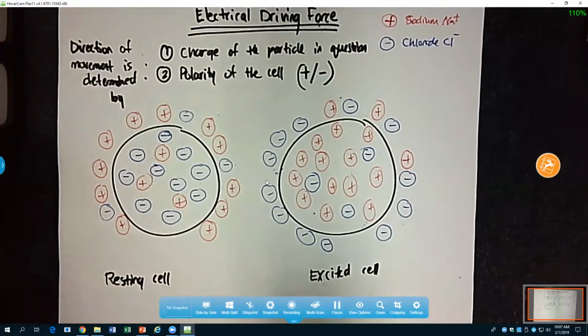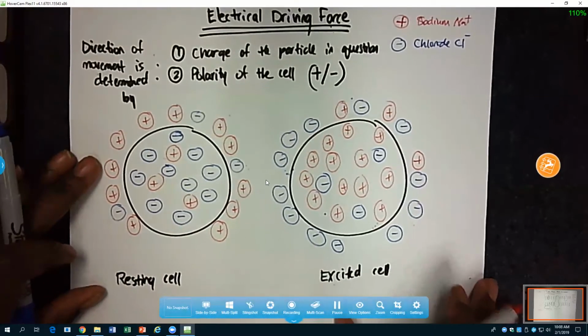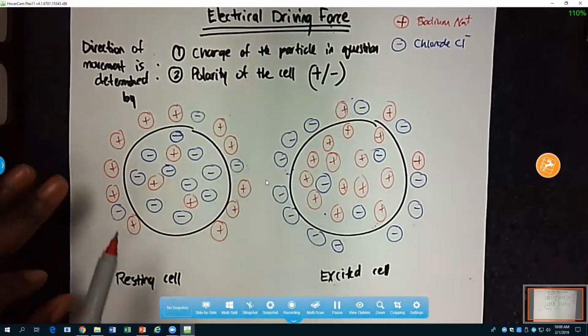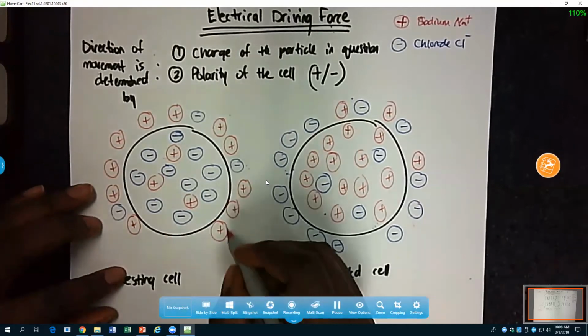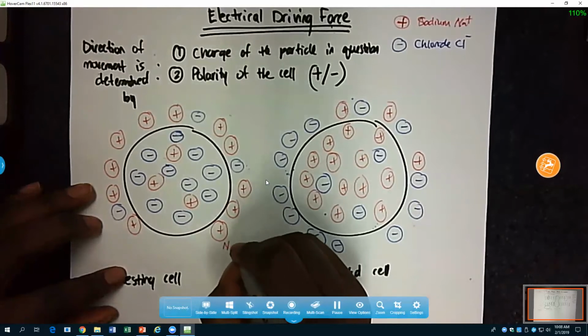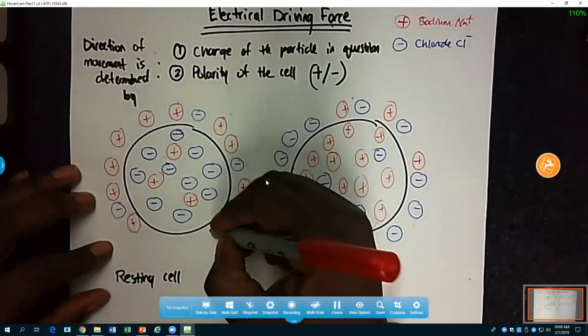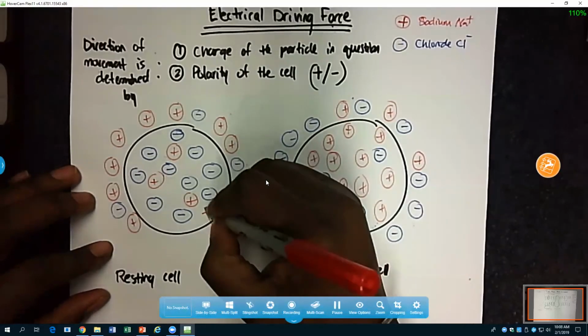This unequal distribution of charge across the membrane creates a force where these particles want to move across the membrane. Okay? Let's take a resting cell. Let's look at sodium. Sodium is in a higher concentration outside the cell, and as a result, it wants to move inside the cell.